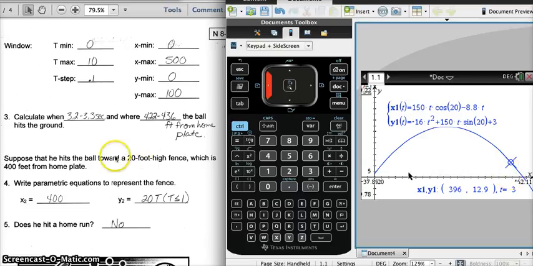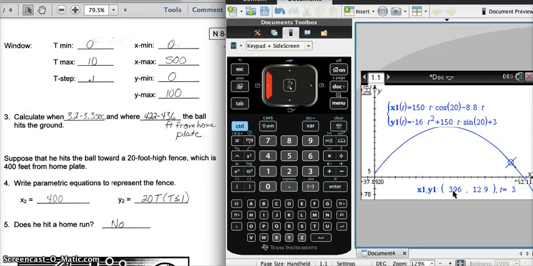So is that ball going to go over a 20-foot high fence? And the answer to that hopefully is obvious because of the height here, and that answer is no. So no, that's not going to happen because it's not higher than 20 feet at 400 feet away from home plate.